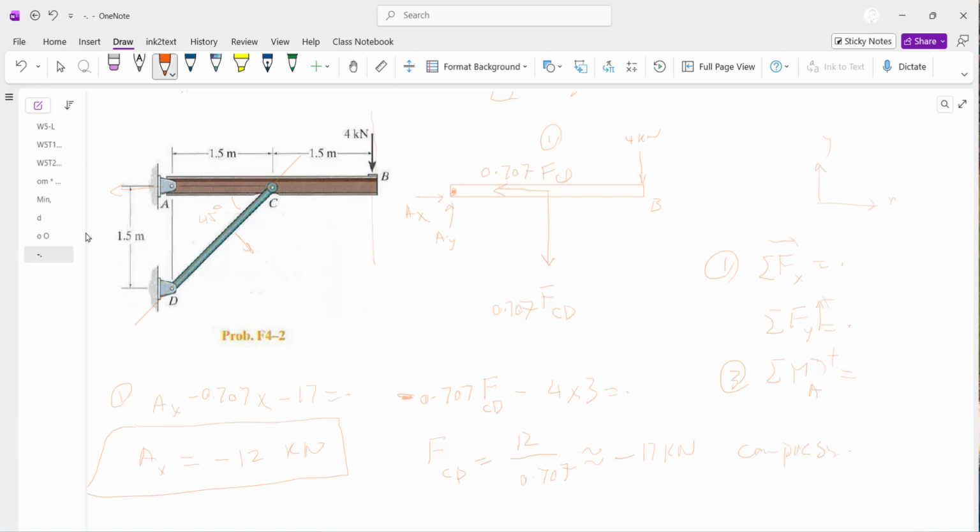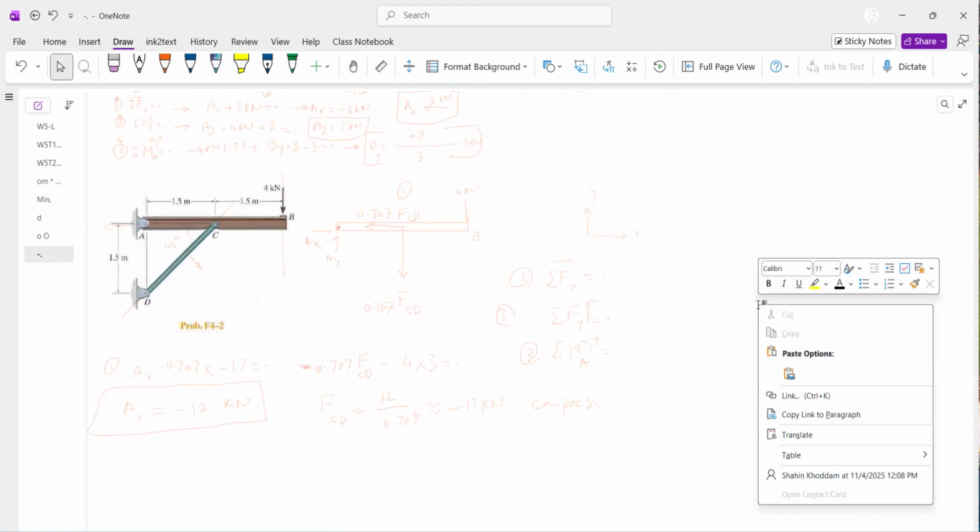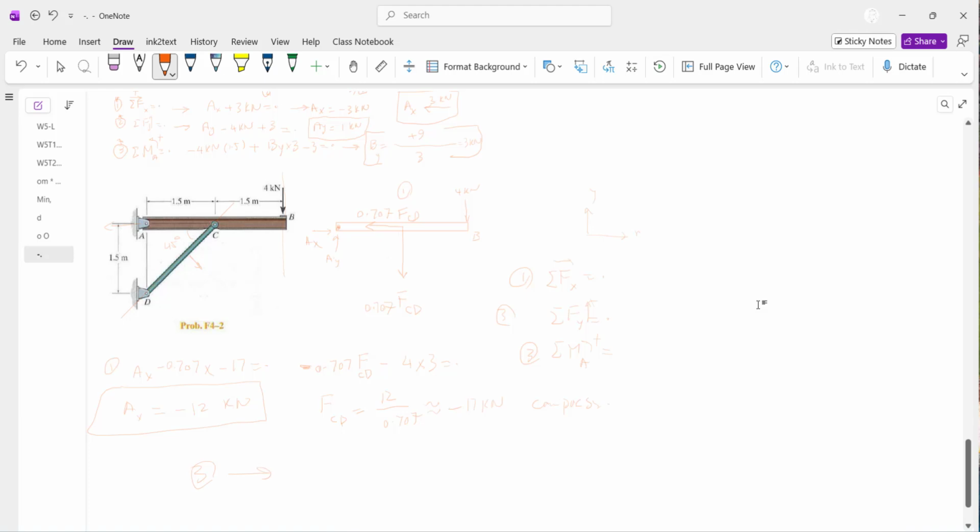So to find out Ay, third condition, that is Ay positive, plus FCD multiplied by 0.707, that is plus 12, and then you have a 4 kilonewton here, equal to 0, so therefore Ay is equal to minus 16.